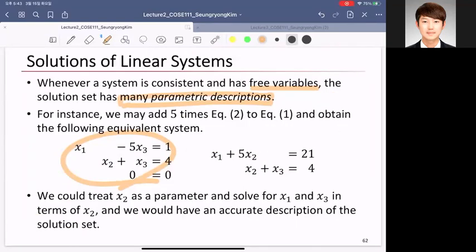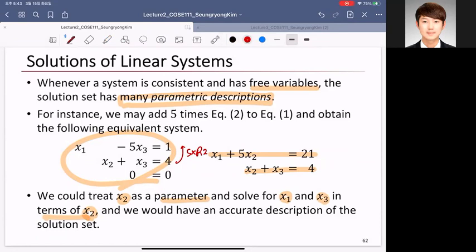Maybe in this example, by adding 5 times R2 to R1, you can achieve the new system like this. Then you could treat x2 as a parameter and solve x1 and x3 in terms of x2.